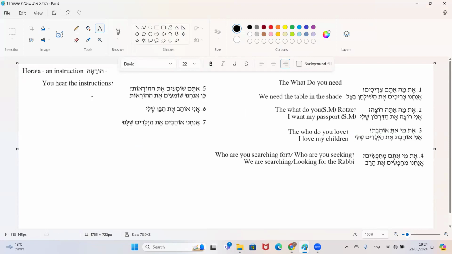And since it's a female word, hora'a, we heard a at the end, and so not a consonant. How do we pluralize it? Horaot, because it's a female word. So instructions, horaot, atem shom'im, you hear, you being a group of people. You hear the instructions.